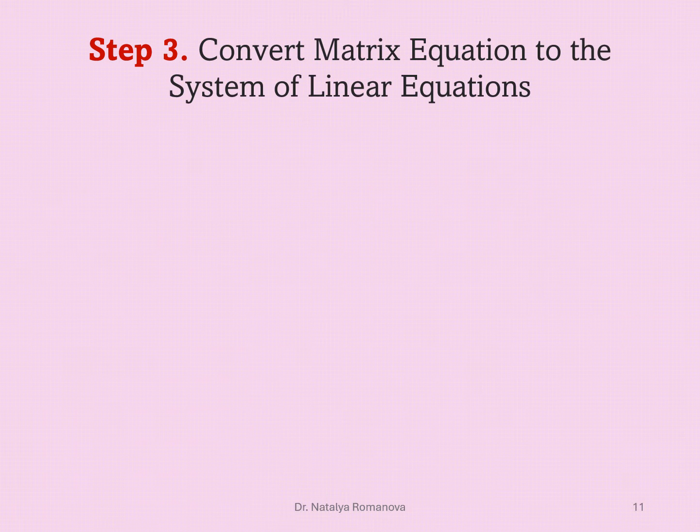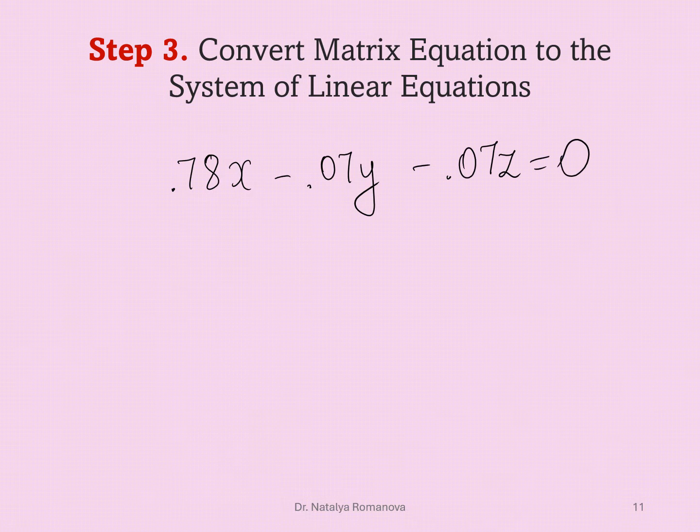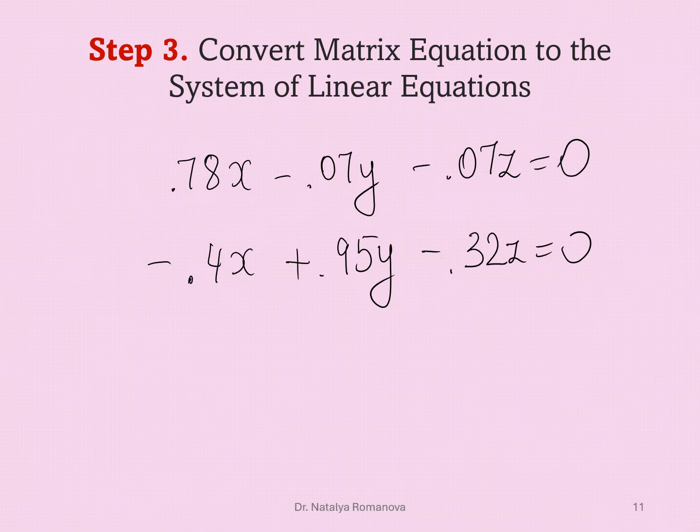The third step, we have to convert the matrix equation to a system of linear equations. It would be 0.78x minus 0.07y minus 0.07z equals 0. Now minus 0.4x plus 0.95y minus 0.32z equals 0.